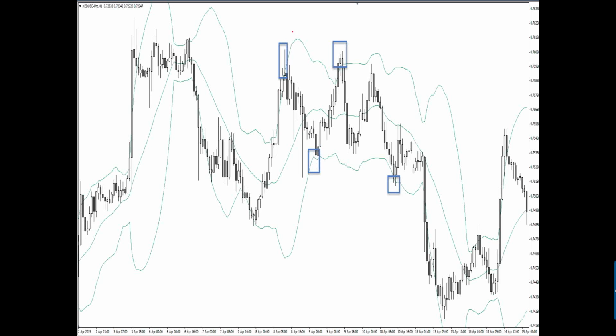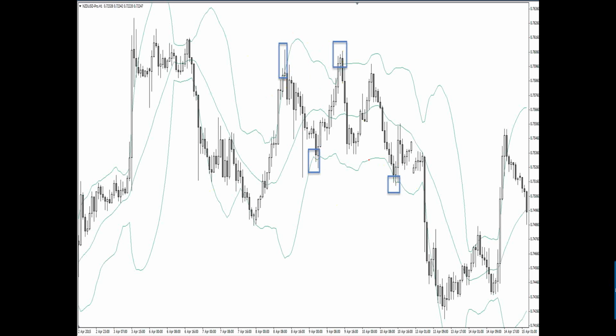This is actually how most of the systems based on Bollinger Bands look like. So the same candle should have a pin breaking the bands but close inside: inside, outside, pin, inside, outside, inside.